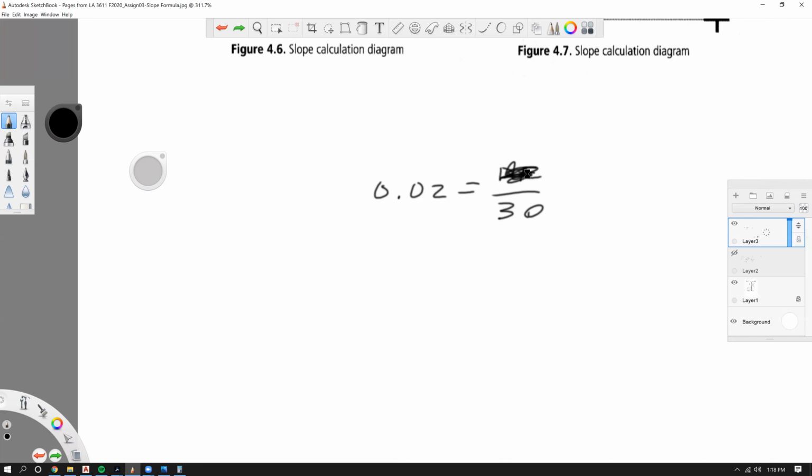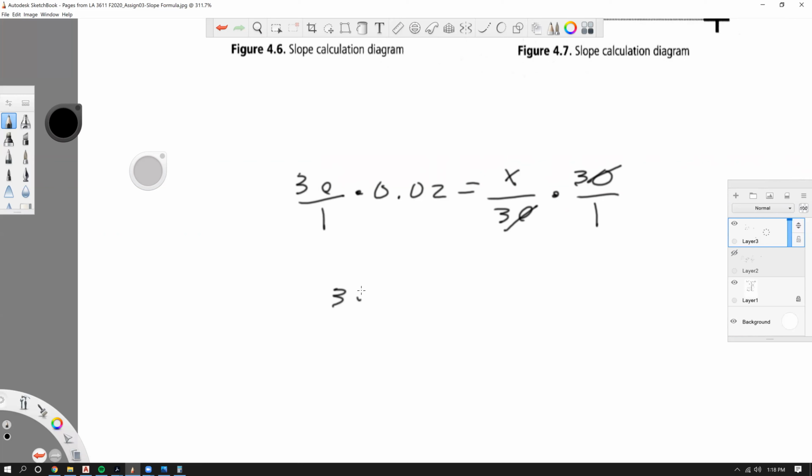Let me fix that. Driving me crazy. So in order to get X by itself, we're going to multiply by 30 over 1, which is equal to 30. We're going to do that to both sides. So over here, the 30s cancel out, and you have X over 1. And over here, 30 over 1 is equal to 30.